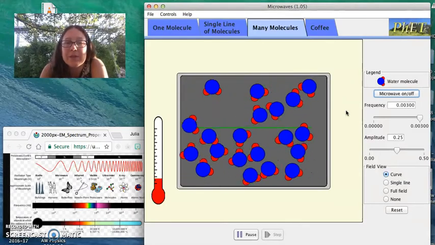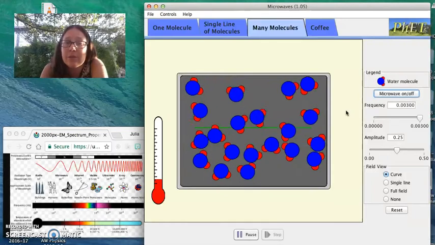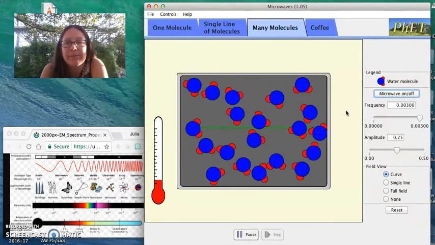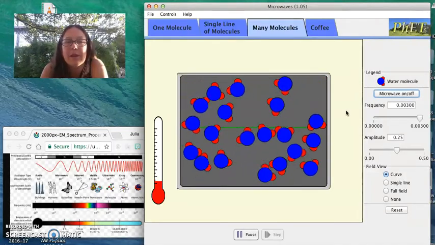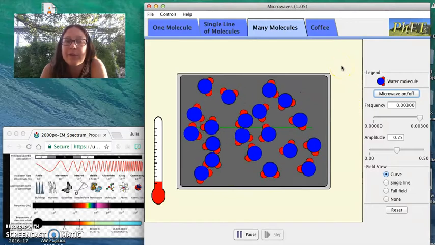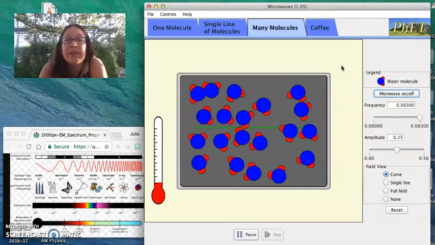But over time they tend to cool down, slow down, and stop moving. So that's what happens when our microwave oven turns off. So here's the real question.